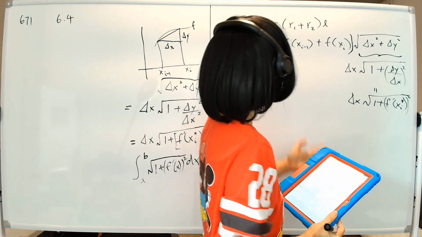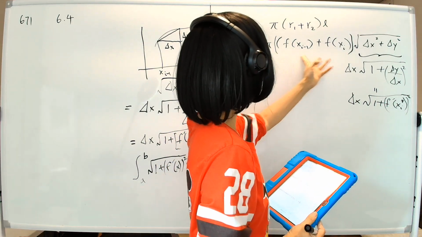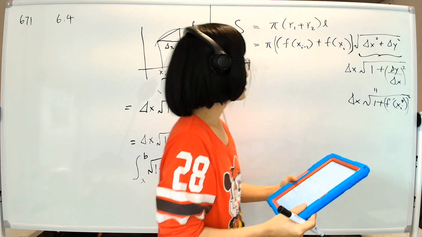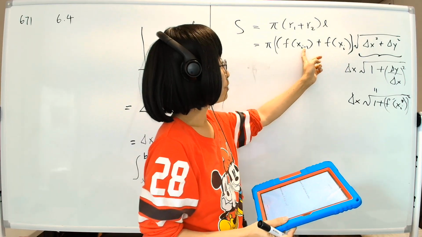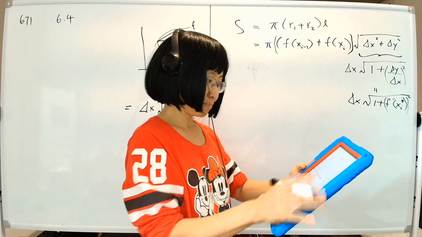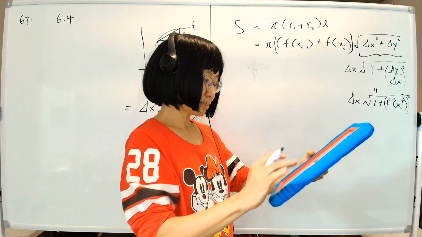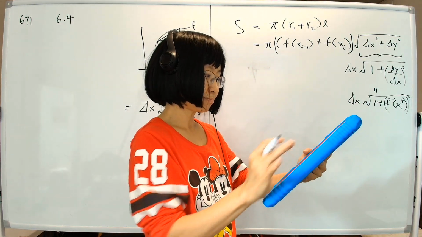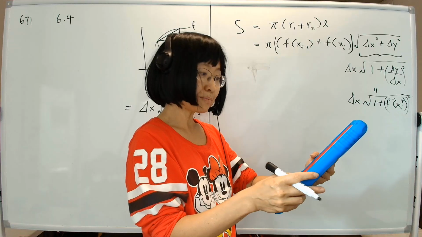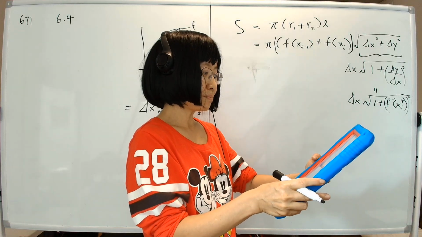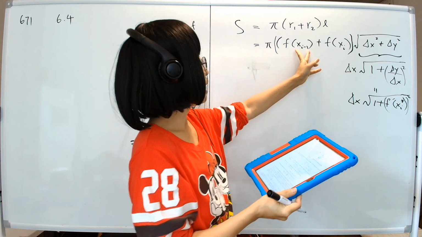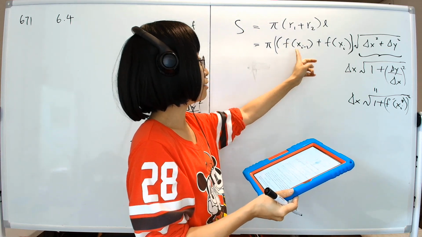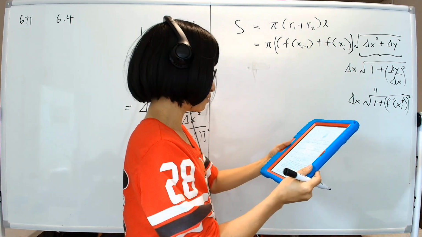And in the meantime, this part, if you have f of x sub i and the one before and the one later, we're just going to combine those. What was that? The intermediate value theorem. The intermediate value theorem says we can just combine these things and call it one of them, the average value.